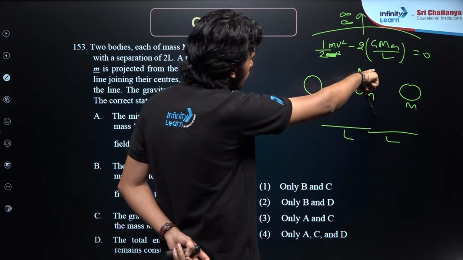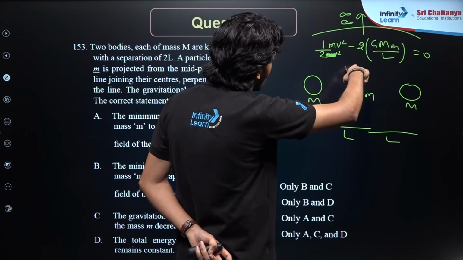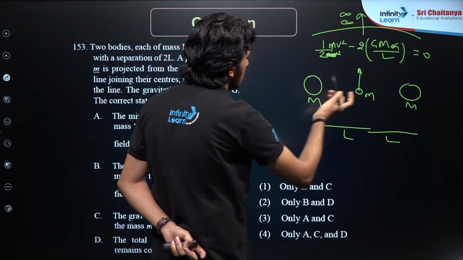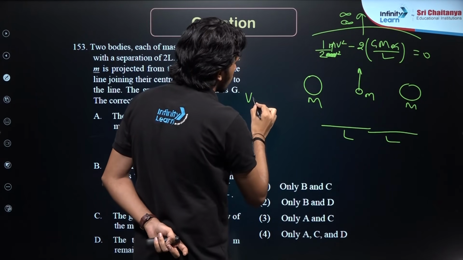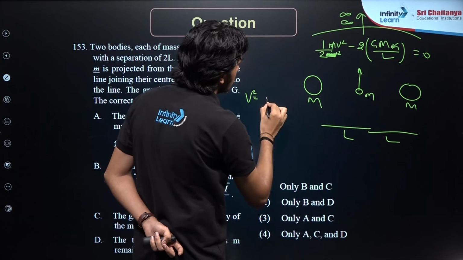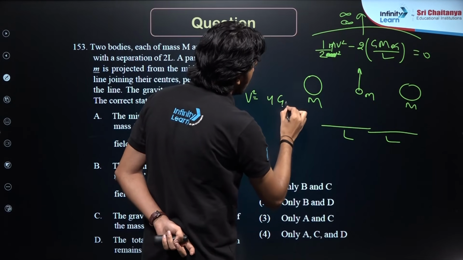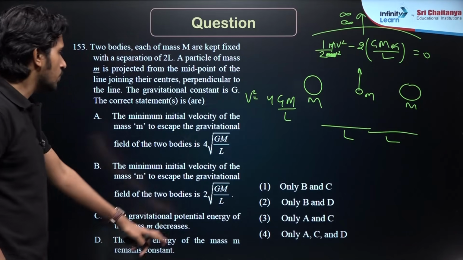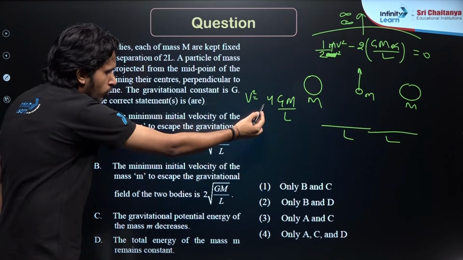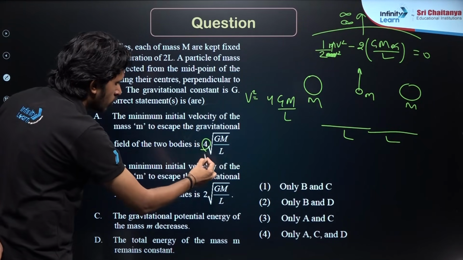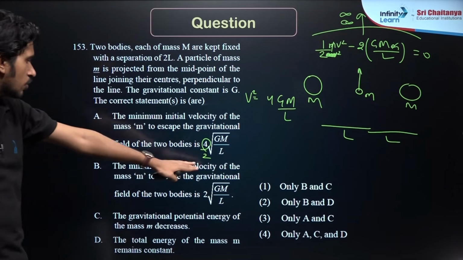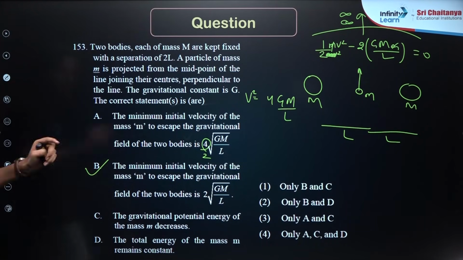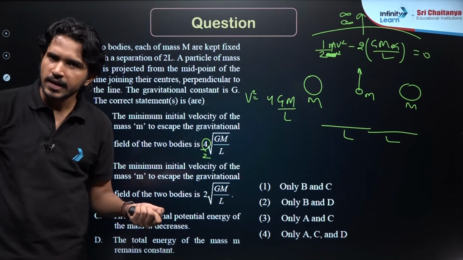So m cancelled out, and v square equals 4 G m by L. So that would be root 4, which means 2, not 4. So the minimum initial velocity of the mass m to escape the gravitational field of the two bodies is 2 root G m by L.